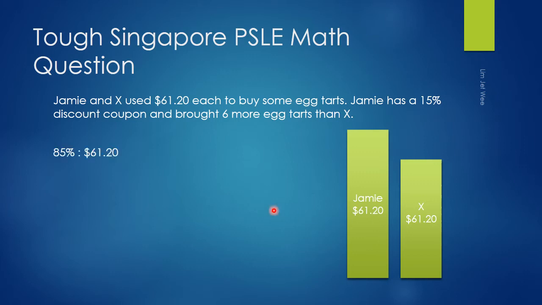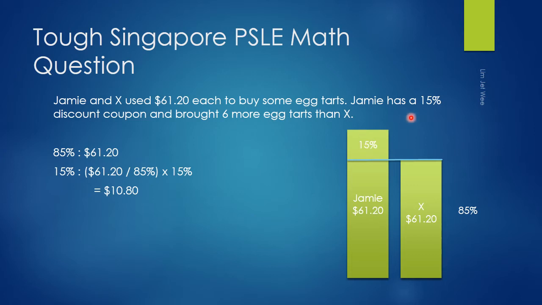Now from here I can deduce that 85% is in ratio to $61.20. Now of course, how do I come to that? The reason is the 15% over here.